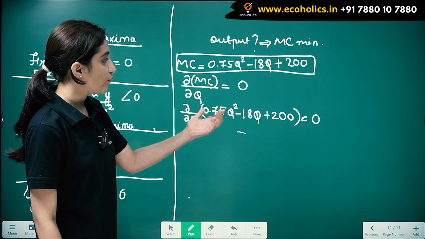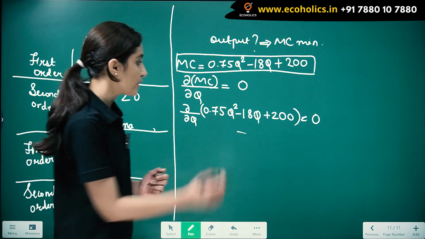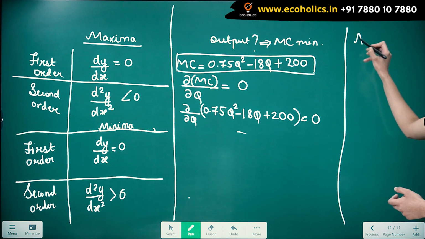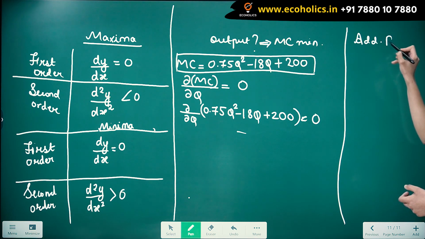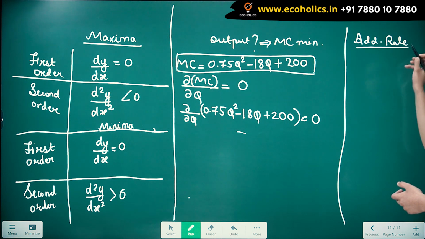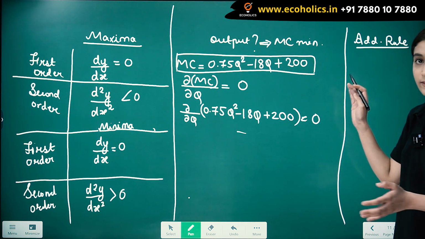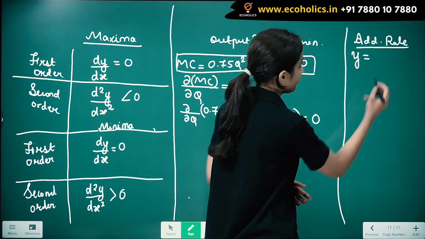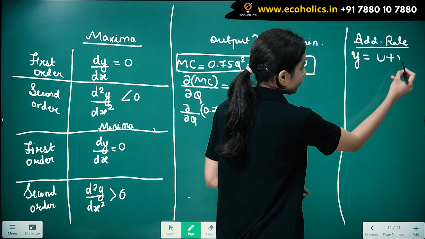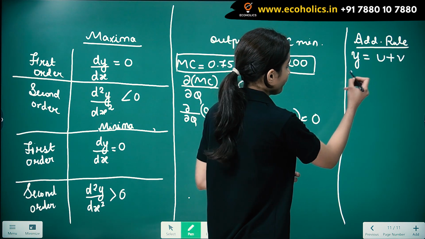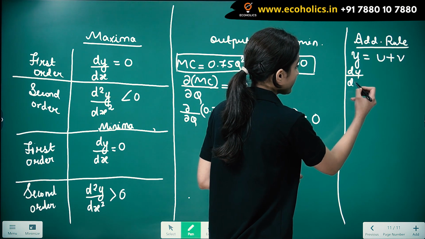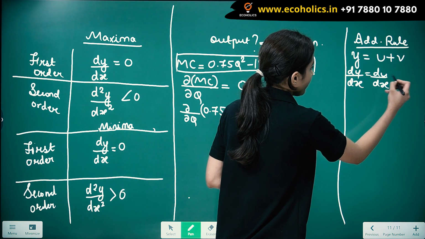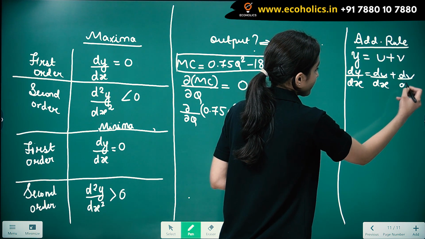Now we have already studied the addition rule of differentiation, which states that when y is equal to u plus v, then dy by dx is equal to du by dx plus dv by dx.